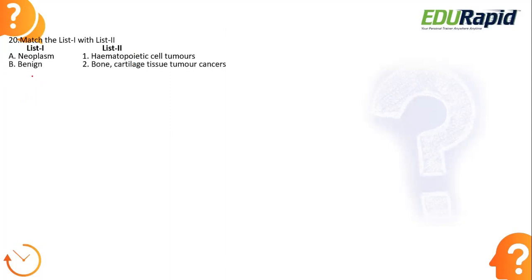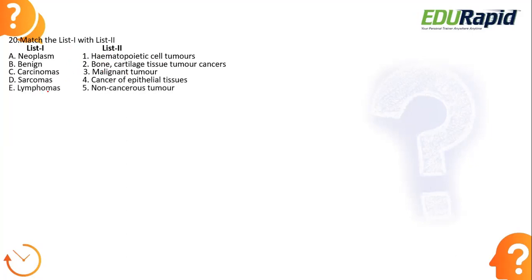Moving to the next question, match list 1 with list 2. Under list 1, we have neoplasm. Under list 2, we have hematopoietic cell tumors. Here under list 1, benign. List 2, bone or cartilage tissue tumor, cancers, carcinomas, malignant tumor, and here we have sarcomas, cancer of epithelial tissues.